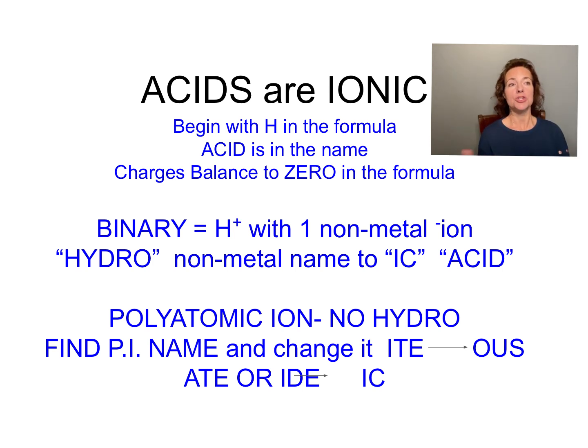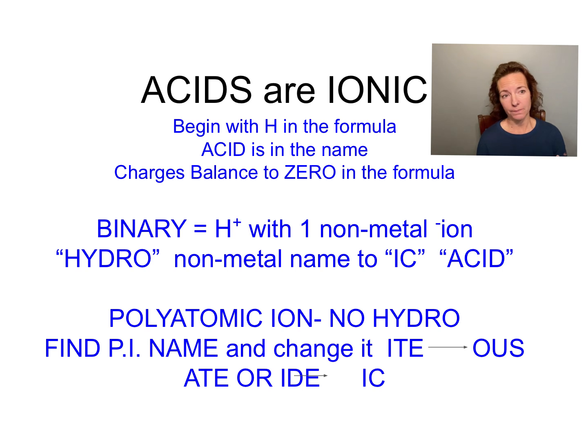So it might be HBr, HCl, HI, HF, okay? Very easy to name them. Hydro something-ic acid. HCl, hydrochloric acid. HBr, hydrobromic acid. HI, hydroiodic acid. Very, very simple.